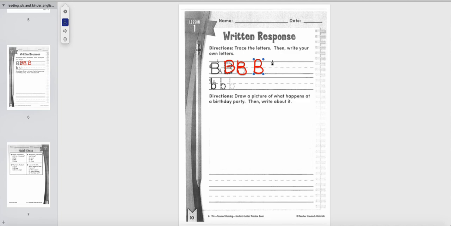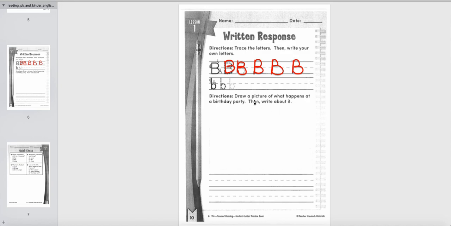One more time. Down and around 2 times. Good job. One more time. You start at the top, down, you're going to go around and another circle.